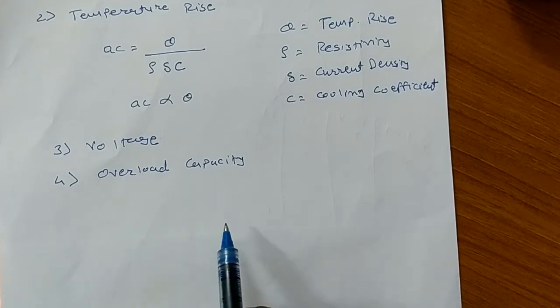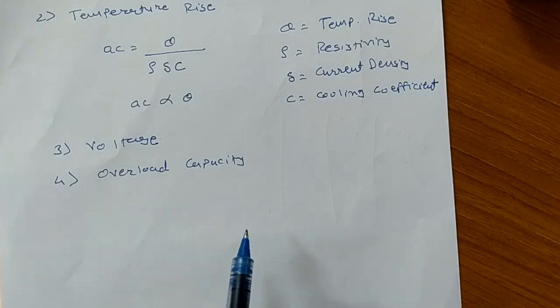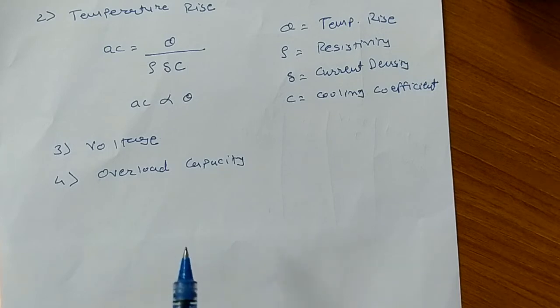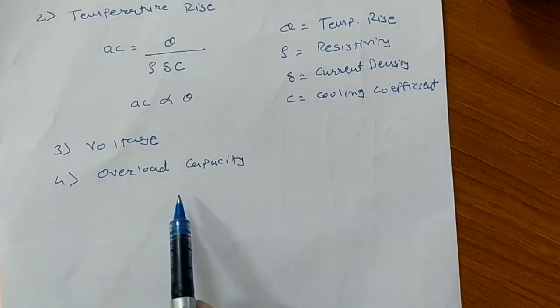We have seen in the last lecture that the induction motor is generally designed such that its overload capacity for a short duration can be twice its rated power. And we also related the overload capacity with the value of B average. So how is overload capacity related with the ampere conductor?